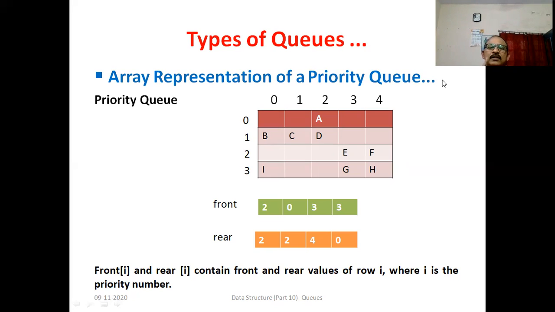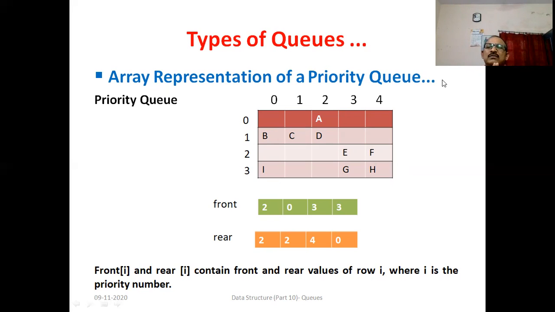Is it clear? Next point. As we know, each queue must have a pair of front and rear pointers. In this specific example, we have 4 priority queues, so we have 4 front values and 4 rear values.